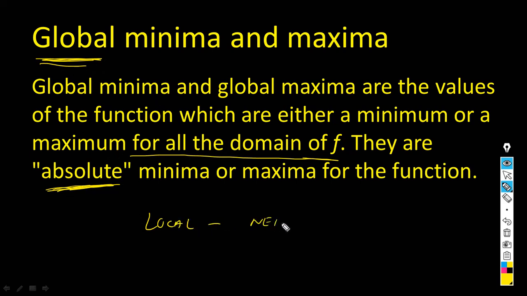neighborhood. This looks like one of those tests where they want you to match concepts. Local, neighborhood, and global, absolute. You're going to understand what I mean in a moment when I give you the examples. Local, neighborhood, global, minima and maxima.